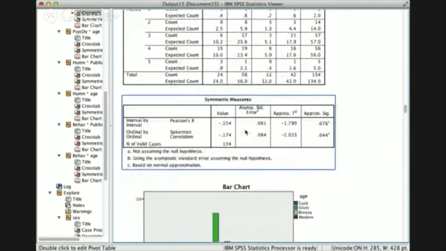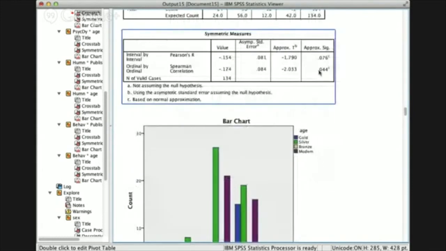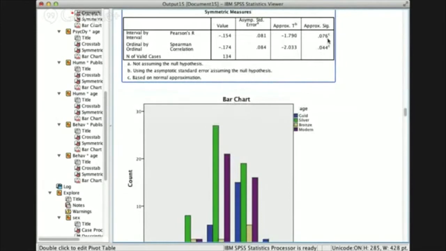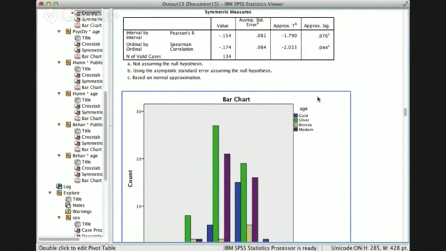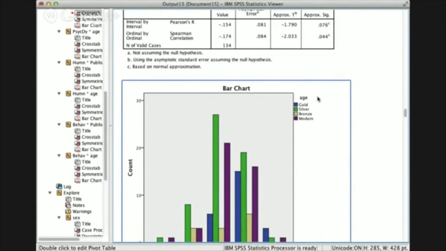One thing that caught my eye, though, was this Pearson R and the Spearman correlation. The Spearman correlation is the non-parametric version of Pearson's R. And while the Pearson R is not significant, the Spearman correlation is, which reminded me of the Rasmussen and Dunlap article, where they talk about how non-parametric tests can sometimes be superior to parametric tests when you have non-normal data, which is what we have.